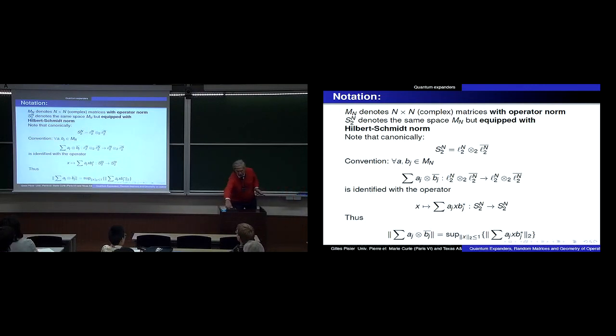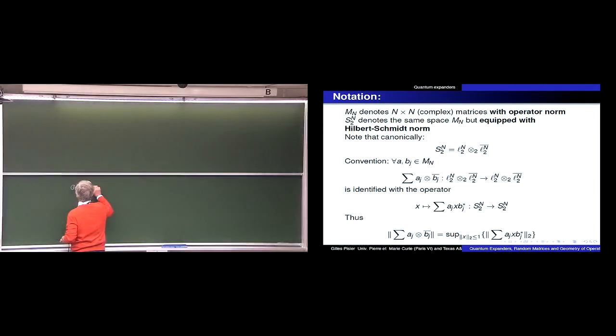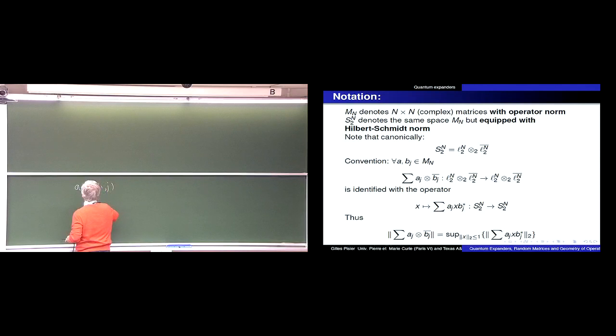The important thing to write is this: if I have a matrix A_ij and then another matrix B_kl, then when I write this, it means the matrix A_ij B_kl.